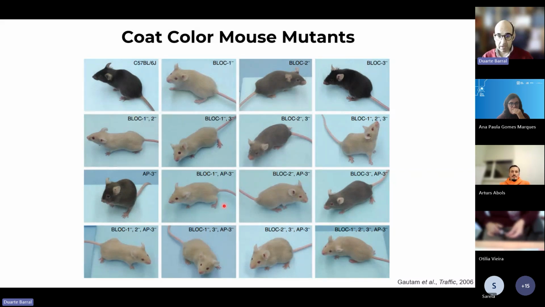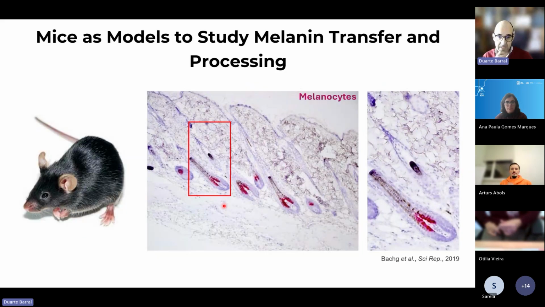But it turns out that mice don't pigment the skin, they pigment the fur. The melanocytes are in the hair follicles, and they produce melanin, and the fur gets pigmented, of course. But if you look, for example, at the mouse paws, you see that the skin is not pigmented, it's the fur.